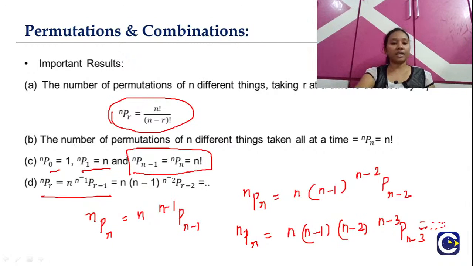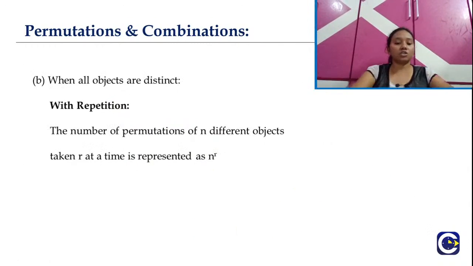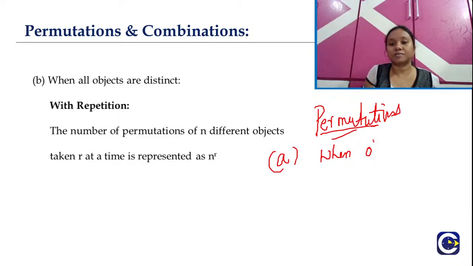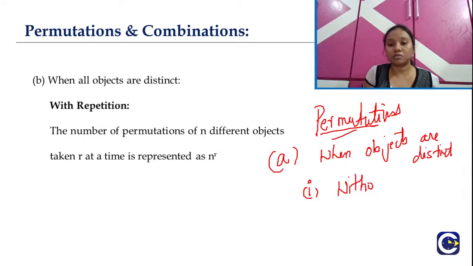So now let's move ahead. So far we have seen the case when objects are distinct, in the permutations we have discussed. When objects are distinct, we have already covered the case without repetition.